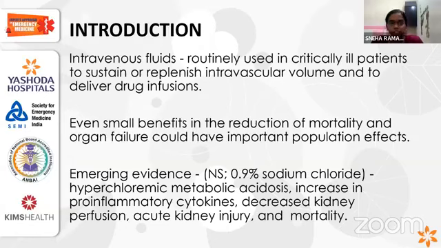And there are many studies that show that normal saline, which is 0.9% sodium chloride, can cause hyperchloremic metabolic acidosis, increase in pro-inflammatory cytokines, decreased kidney perfusion, acute kidney injury, and mortality.